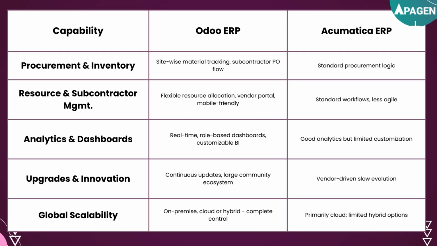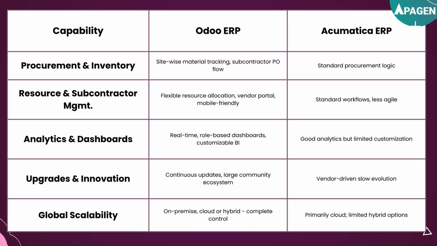Coming to resource and subcontractor management, resource bottlenecks and delays are the main thing that directly impact project progress in EPC projects. Odoo has flexible resource allocation, a vendor portal, and is mobile friendly.